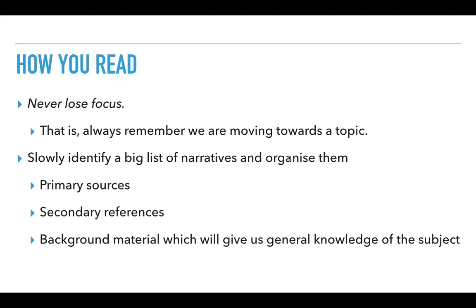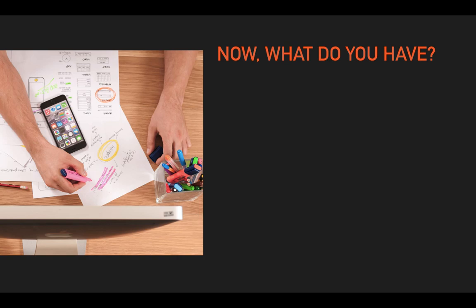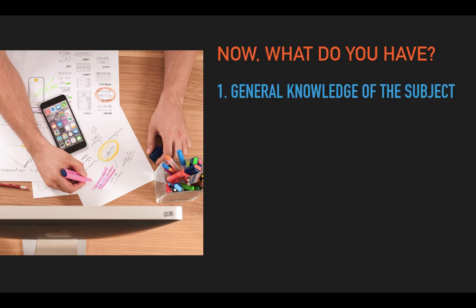So like that, whatever you have read, you should organize. It's important. Now, what do you have here? You have a whole list of topics and themes and ideas and books. What have you attained by now? You have attained general knowledge of the subject. If somebody asks you about transgender narratives, even though you have not framed a topic yet, you will be able to tell them a lot of things about transgender people, their history, their discrimination, their narratives.